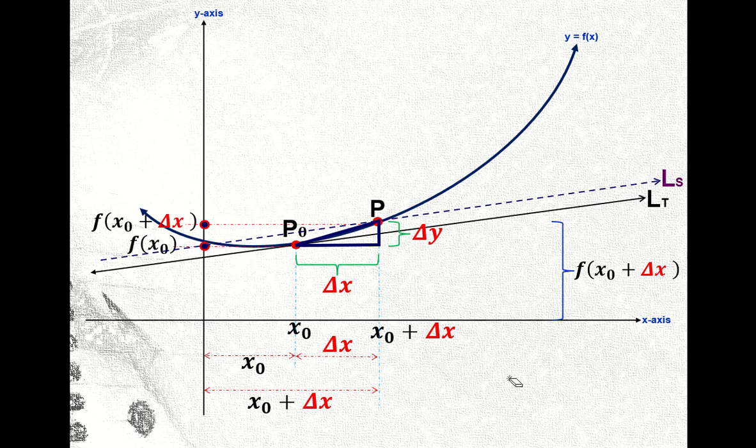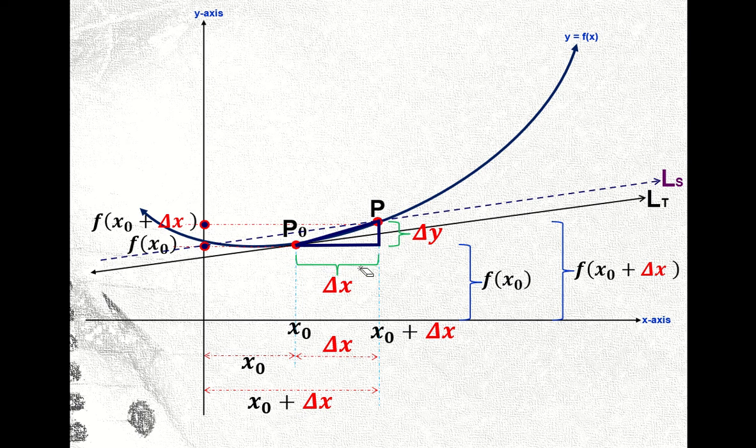For this other point, the height is just f of x sub 0. Therefore, our delta y is just the difference between these two heights. If you subtract them, you get the difference, that is delta y.